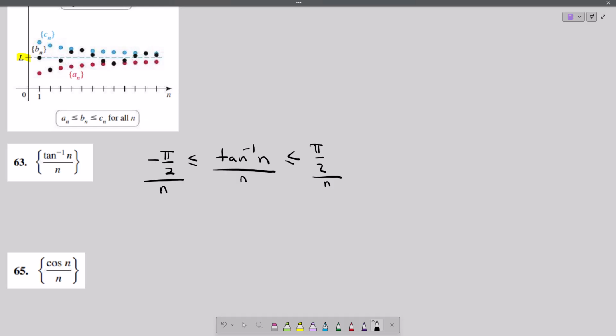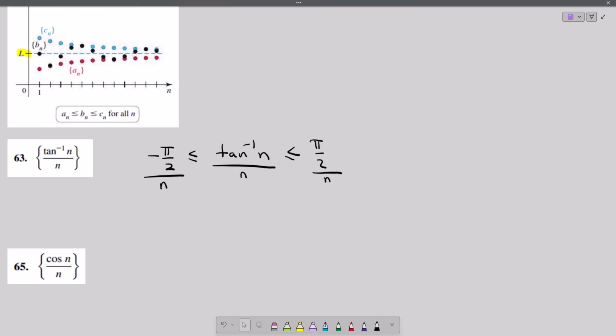And that's also true. n is a positive number. And if you divide an inequality by a positive number, that doesn't reverse the inequality symbols. Everything is still true, as long as that number is positive.